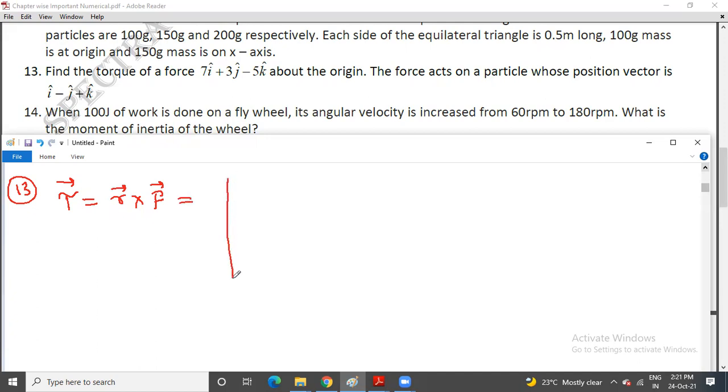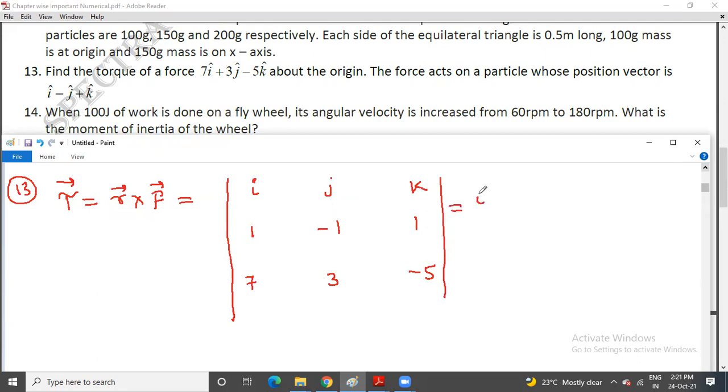So you need to follow the matrix method like this: i, j, k. For r, under i it is 1, j is minus 1, k is 1. This is the next force part: 7, 3, minus 5k, so minus 5.